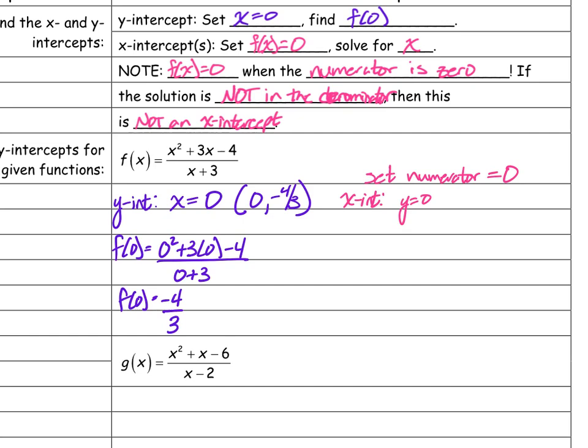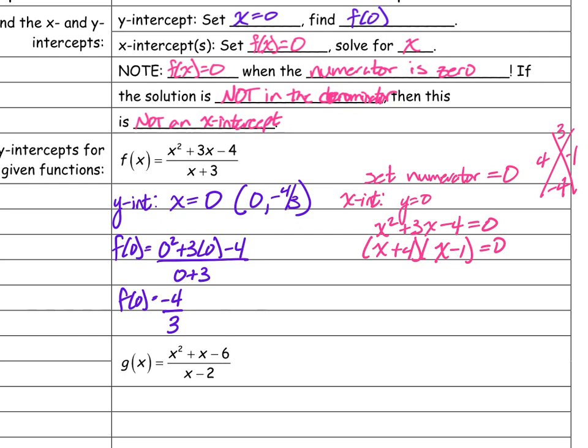So I've got x squared plus 3x minus 4 equals 0. Give me two numbers that multiply to be negative 4 and add to be 3. I think that's going to be 4 and negative 1. So this factors to x plus 4 times x minus 1 equals 0.